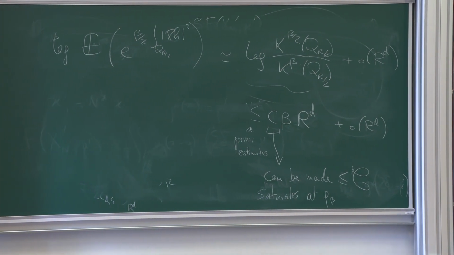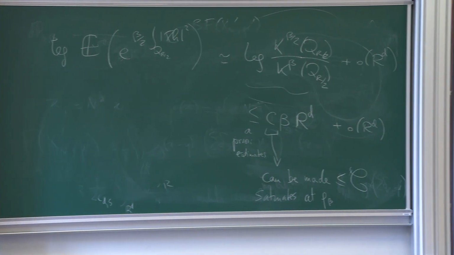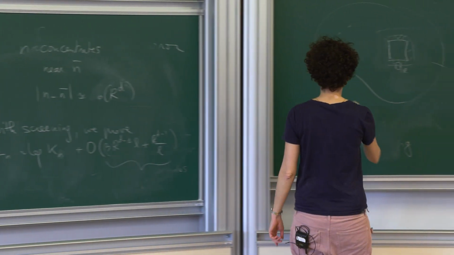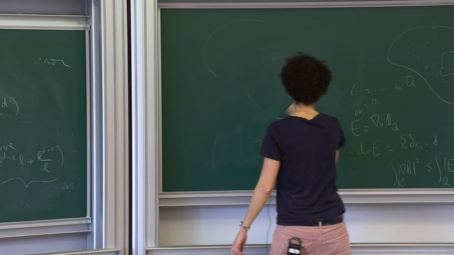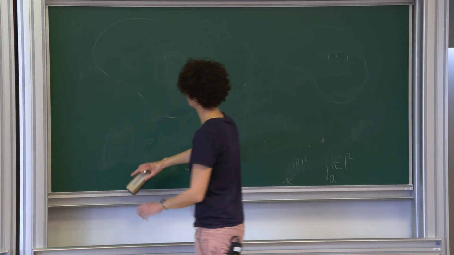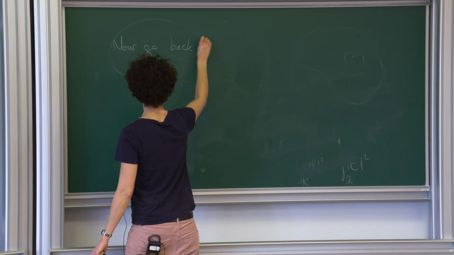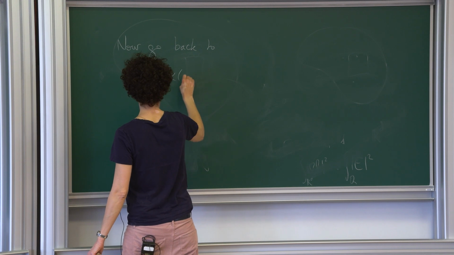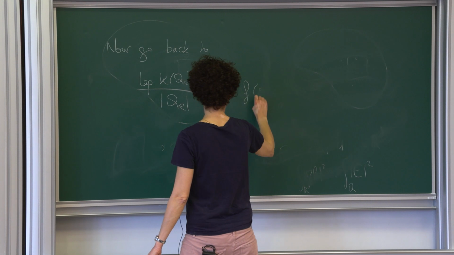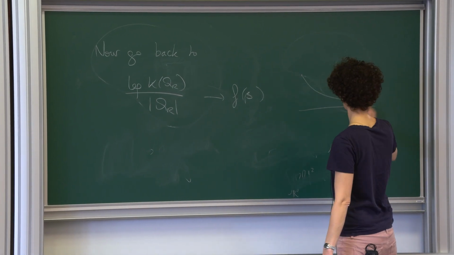Okay, so this proves the local laws. And now that we have that, we can go back and look at this rate of convergence of log k and log L. You know this picture with the two quantities that were going like this and like that?